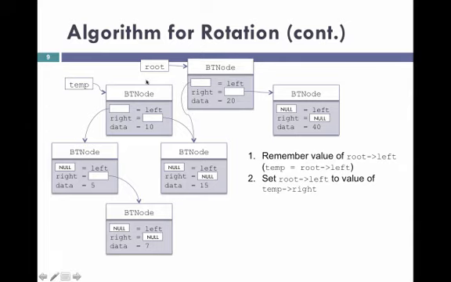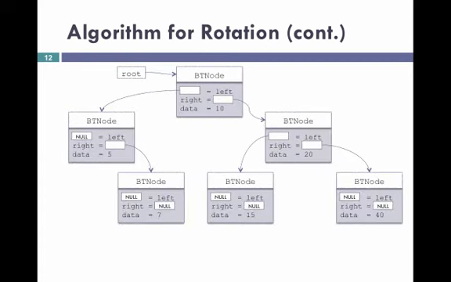Okay, so that modifies this pointer. So now that 15 is the left child of 20. And then we set temp right to be root. Then we can set root to temp. So now 10 becomes the root of the tree. And that's how we get a tree that's more balanced, and we did the adjustment so that 15 is in its proper location in the binary search tree.